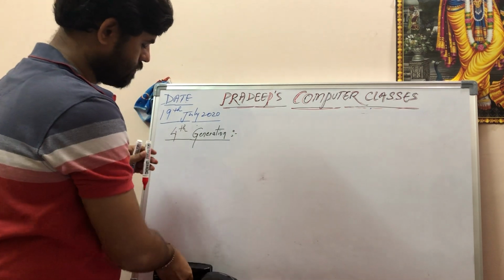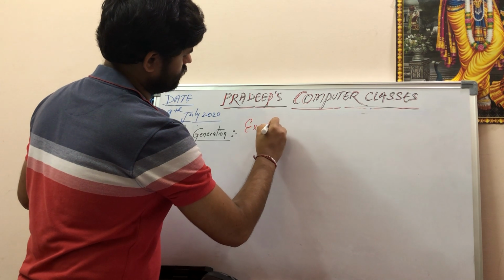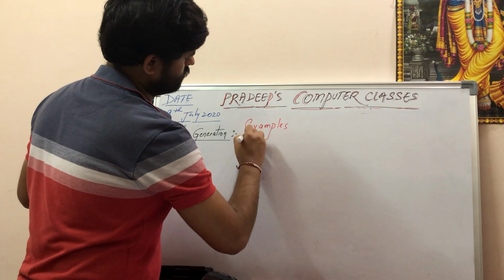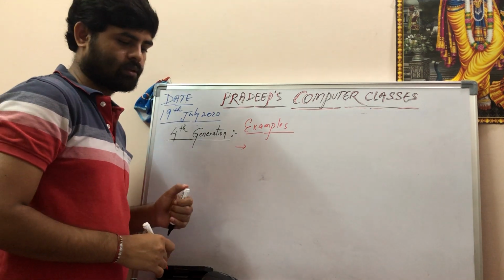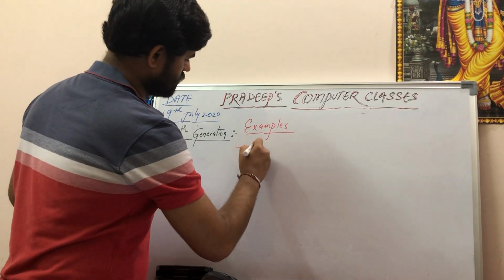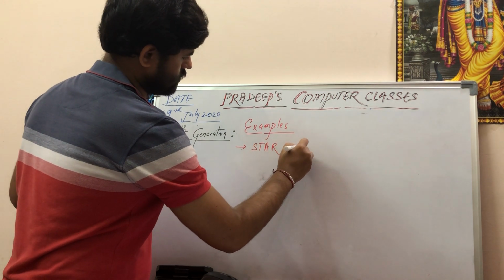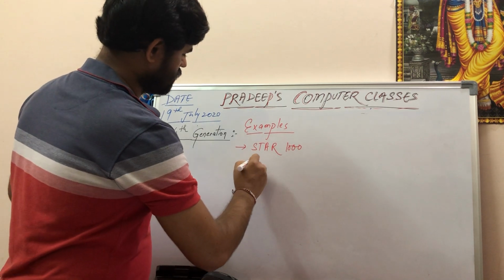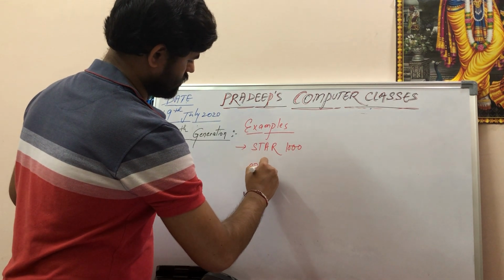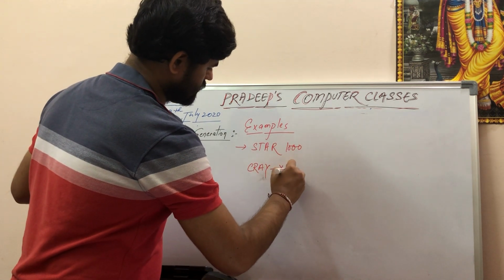Okay, so some examples of 4th generation of computer are Star 1000, C-ray, C-ray X-MP.